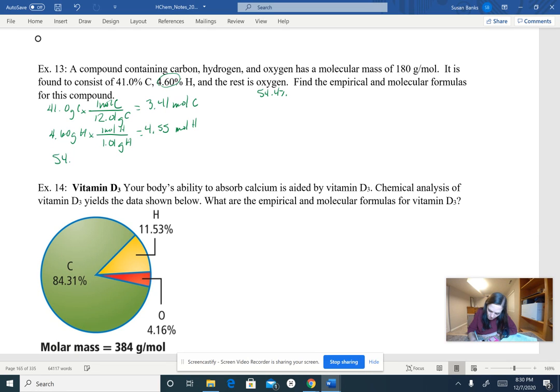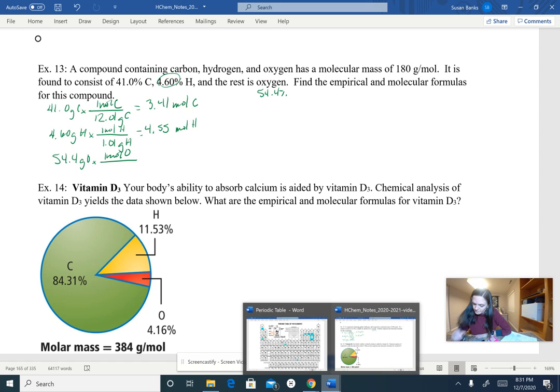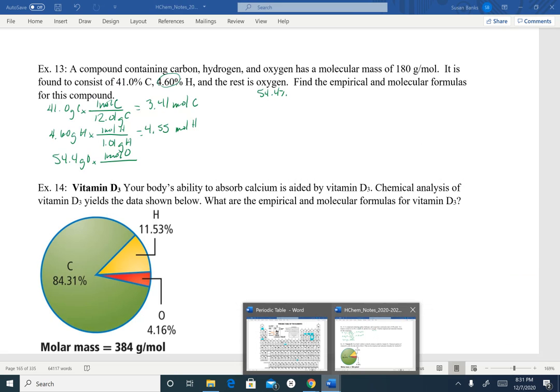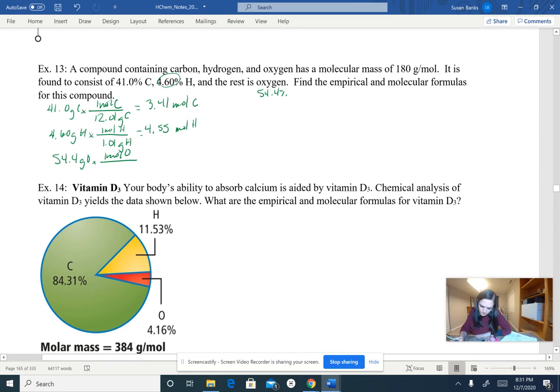And I do the same thing with oxygen. So 54.4 grams of oxygen. In 1 mole of oxygen, our molar mass is, do you guys remember? 16, right? So 16.00 grams of oxygen.